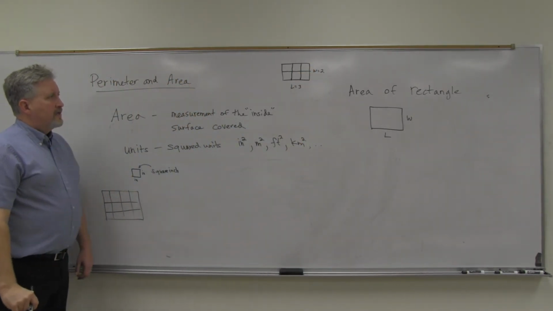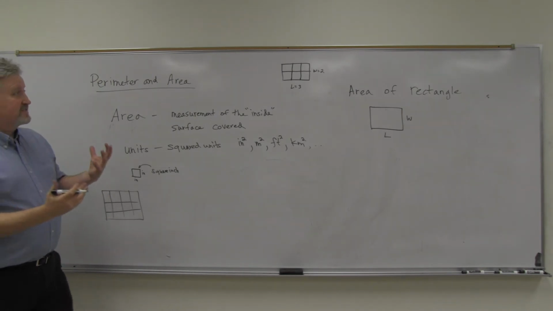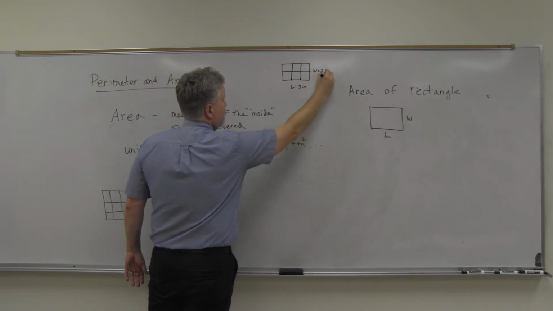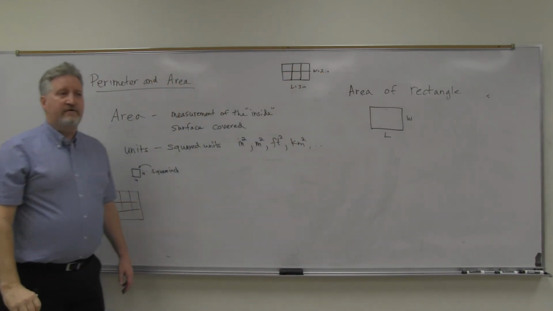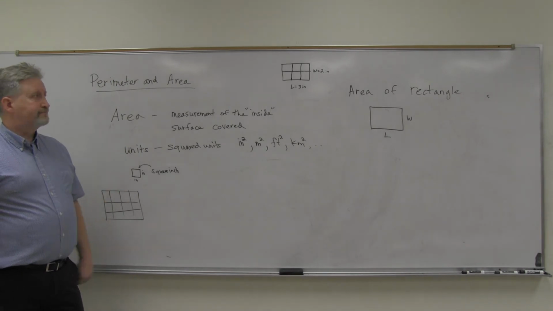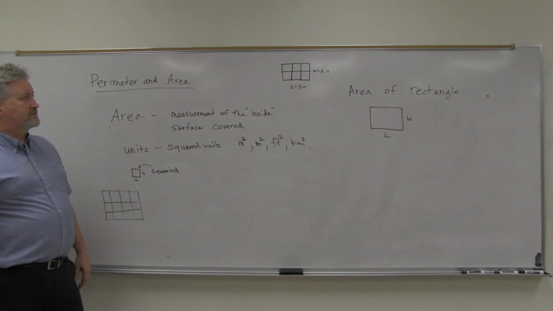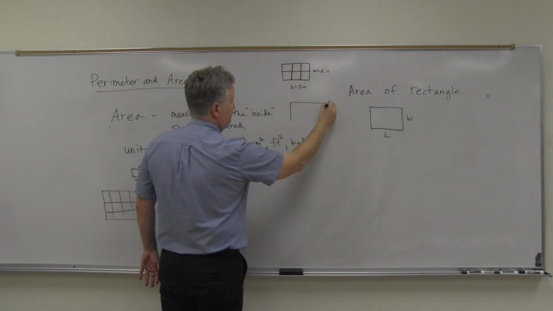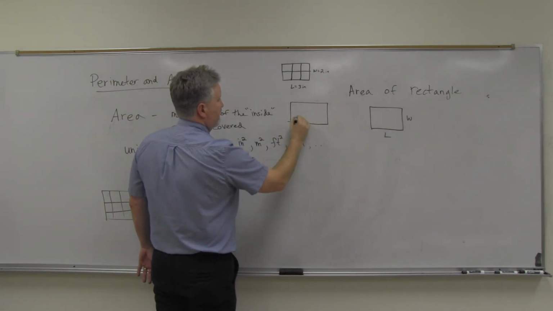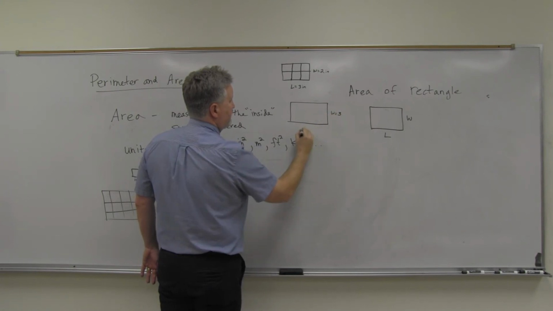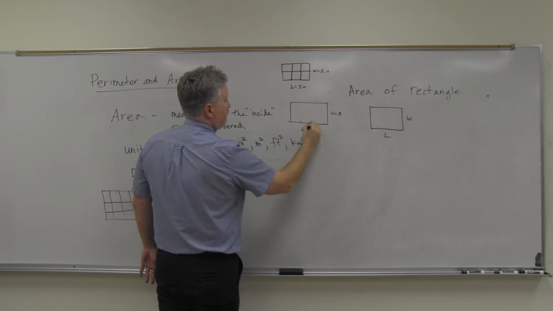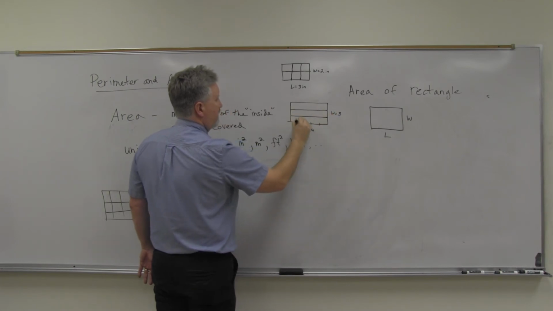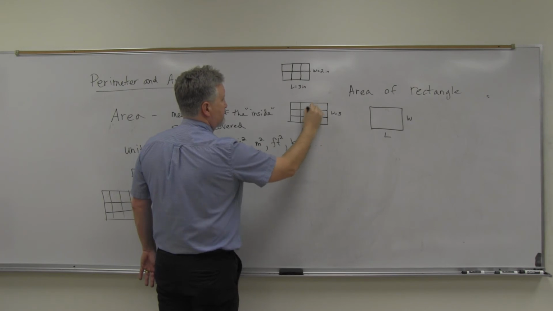When I grid it off like that, it's easy to see that I've got, let's say it's inches, 6 of those square inches, don't I? 3 times 2. And no matter what, if I do whole numbers, let's say width is 3, length is 4, I grid those off into the square inches, or whatever units we're using.